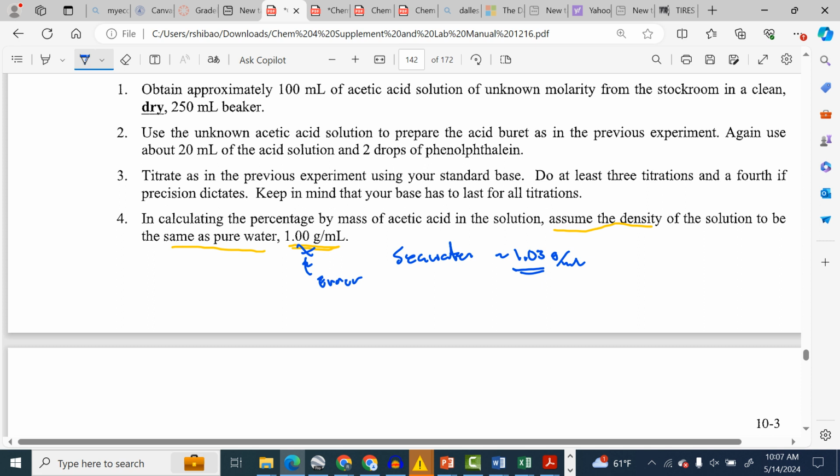That error could result in being off a little bit. How much off? Not that much, maybe 1% or 2%. And so for us, that's acceptable. At least we'll get some kind of answer, even though it might have a small error associated with it. And the error should be fairly small.